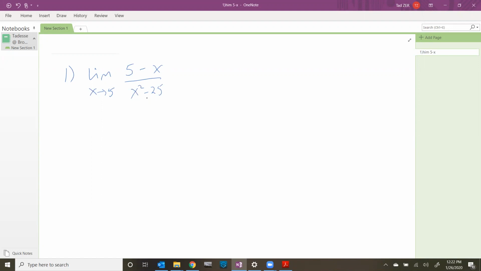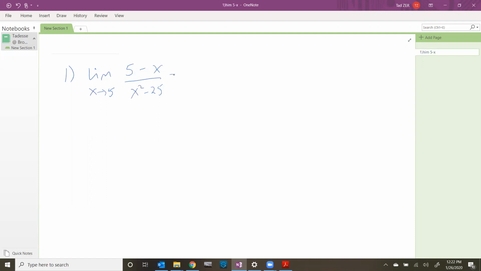So a number over 0, which is undefined. So in this case, what we need to do is, this is a rational function, by the way, a rational expression. If the denominator is 0, you cannot plug in. But if the denominator is different from 0, then for rational functions or rational expressions, the limit becomes the value.